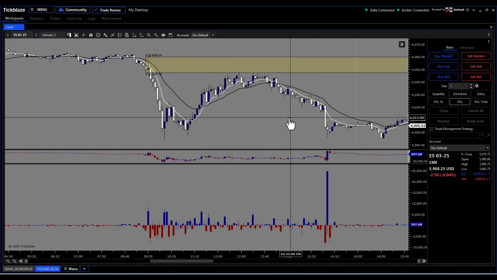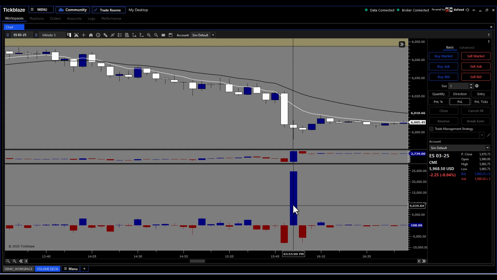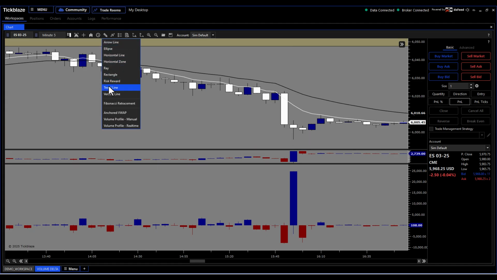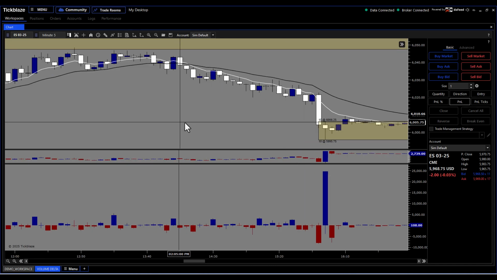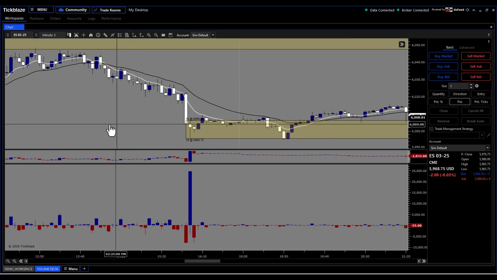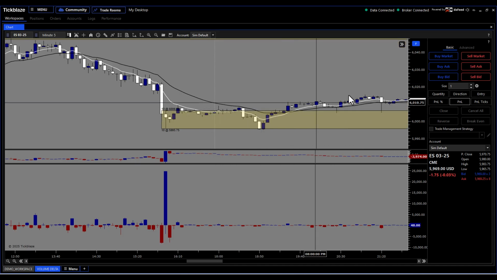Now, interestingly enough, if you go back here and take a look at this outlier candle right here, this bar also had some pretty significant delta. And we're going to draw a little zone around this, the horizontal zone. And when we get back above it or below it and we retest it, look what happens when we get outside of it. Now this opened inside of it, but that's not the point.